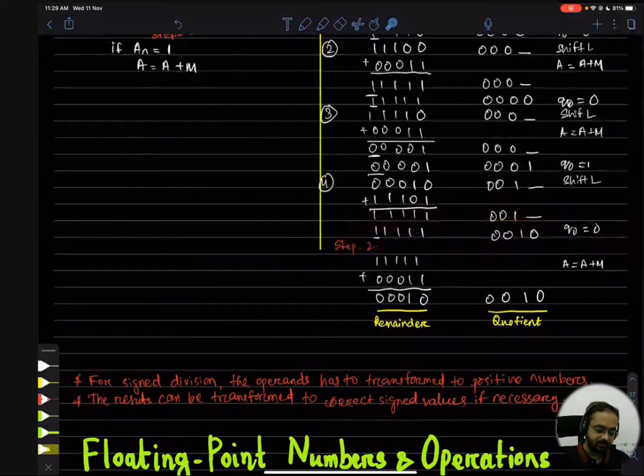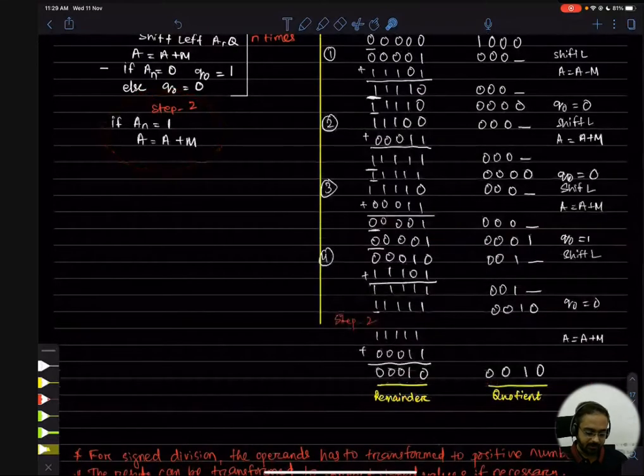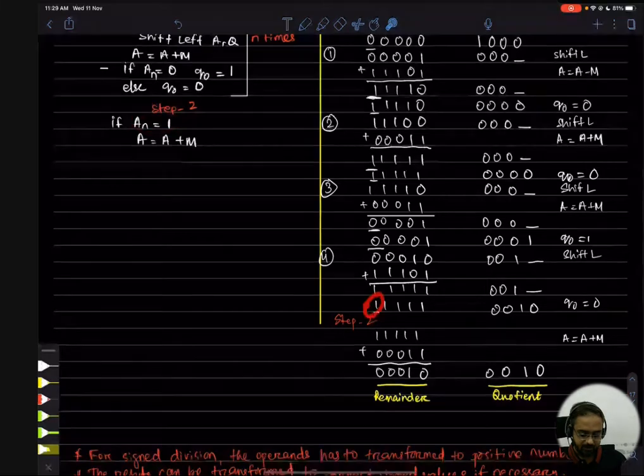The last step, that is step number 2. We have to check if An bit is 1 or not. Yes, An bit is 1. So what will we do? We will add A plus M. So do A = A + M. Then we will get our remainder and quotient is here.